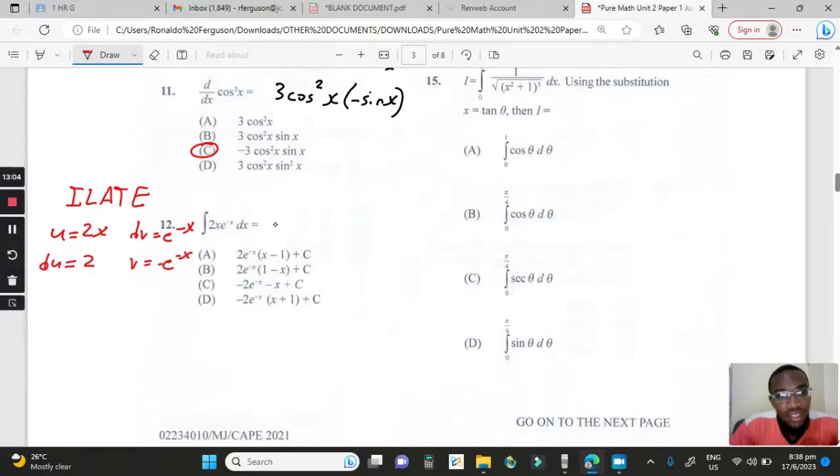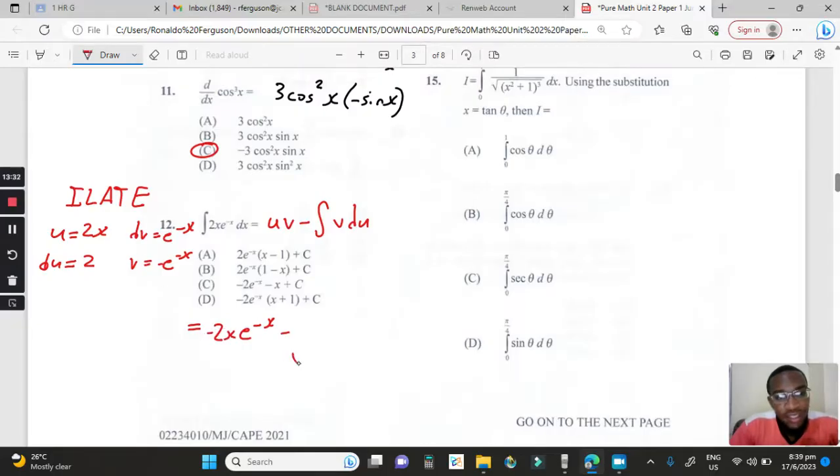So in that case, the formula, remember, is uv minus the integral of v du. So using the formula, it's going to be equal to u times v, so that is minus e to the minus x times 2x, and they put the 2x at the front, so I just want to follow or emulate what they're doing.